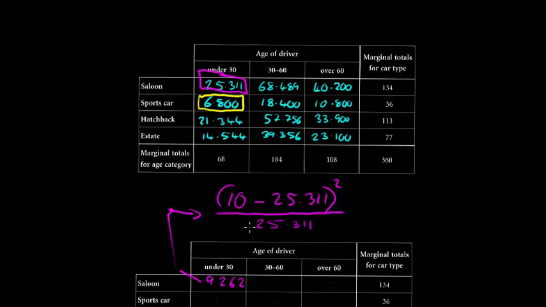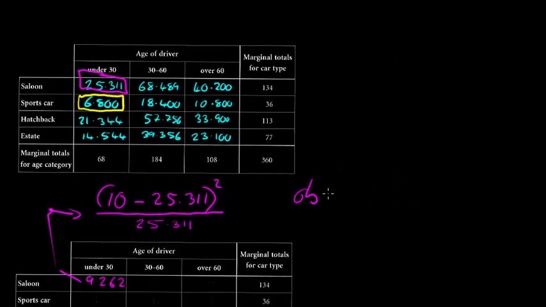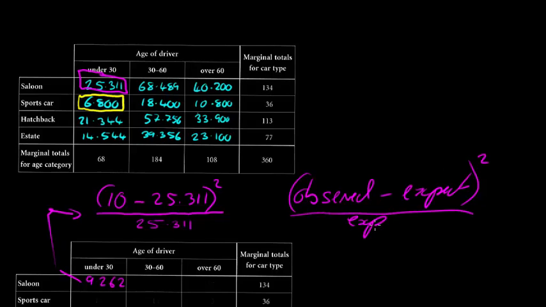And I'll fill out those values in each of those cells. So it's observed minus expected, squared, over expected. And I'm going to do that for each of the 9 cells in here.